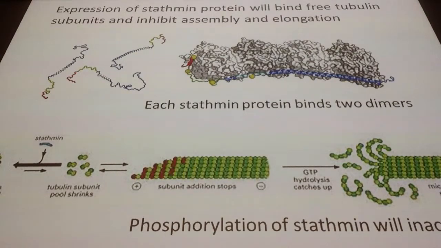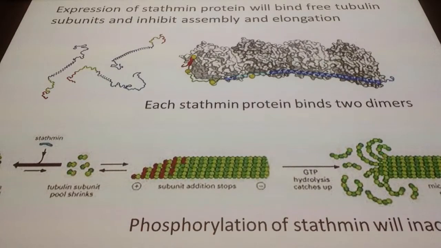So in order to negate the activity of Stathmin in inhibiting polymerization, Stathmin needs to be phosphorylated. So therefore, the level of regulation is to regulate whether Stathmin is phosphorylated or not. You still need Stathmin to be expressed, but not in comparison to anything else, right?